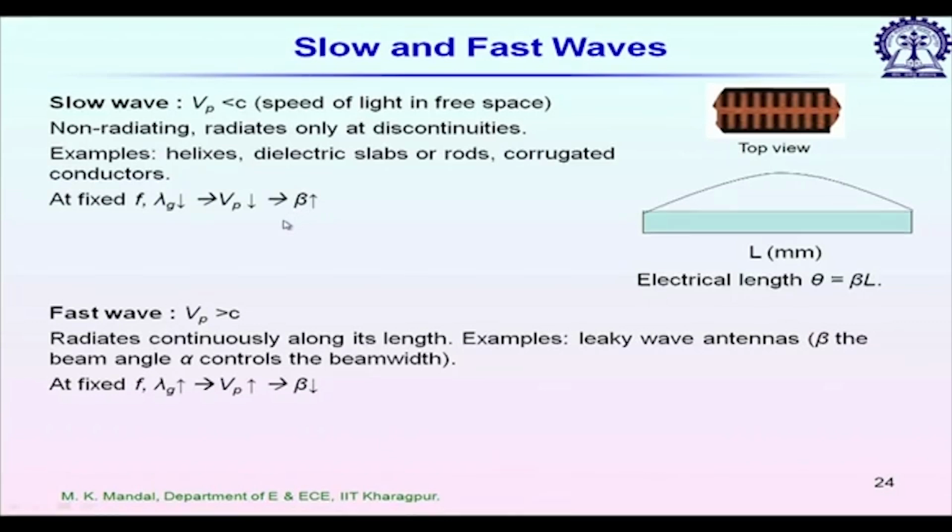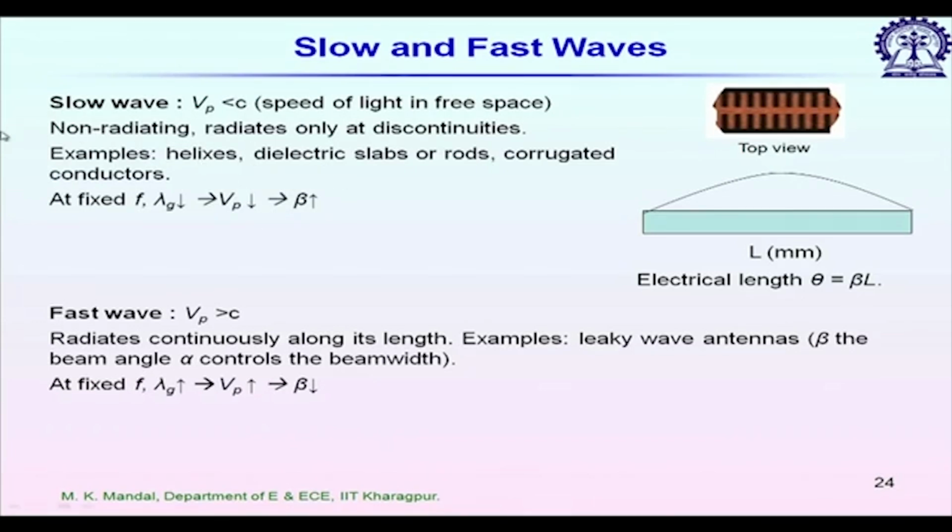We represent another important quantity, beta, by k naught. So, k naught is 2 pi by lambda naught in free space, and beta is 2 pi by lambda g for any given medium or any wave guiding structure. Then if we plot beta by k naught, it should not vary with frequency.